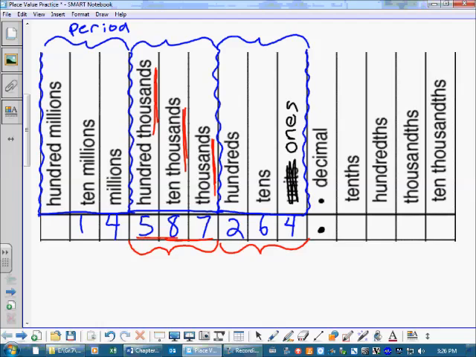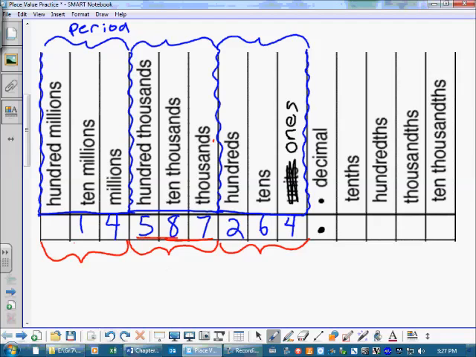All right, so in this one, we're going to read this group of 3 first, because it comes first. So we're going to read this one, and then this one, and then this one.